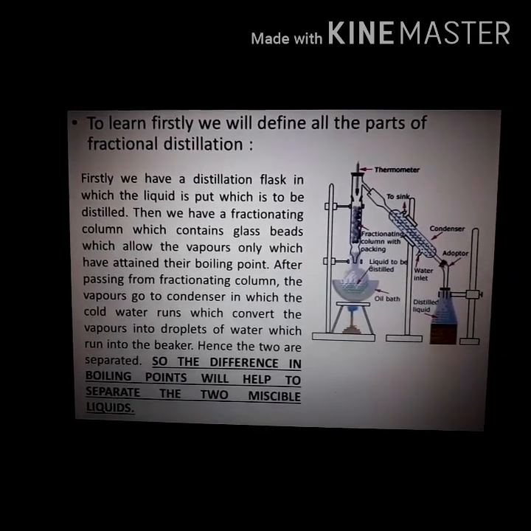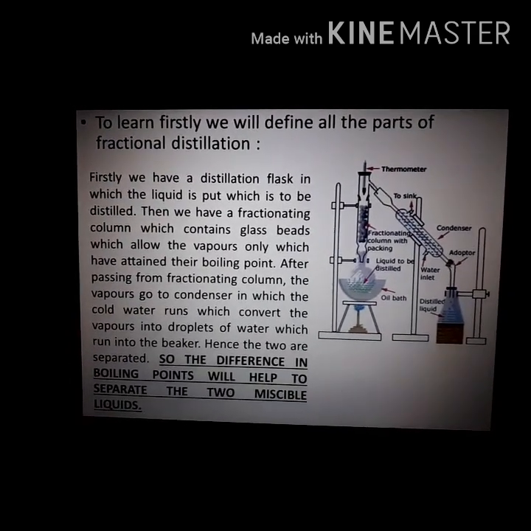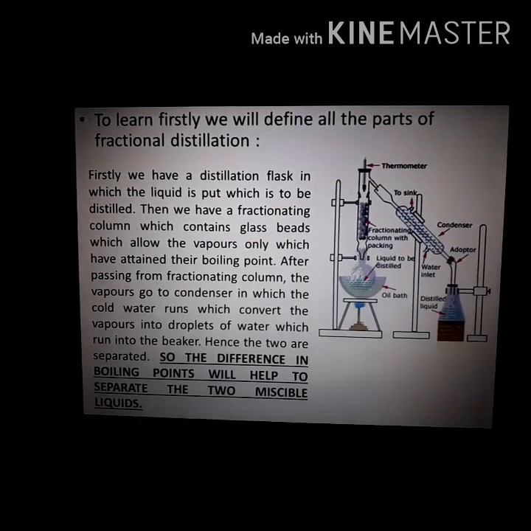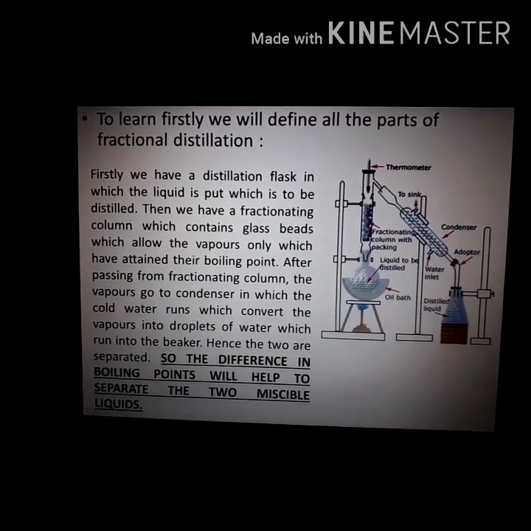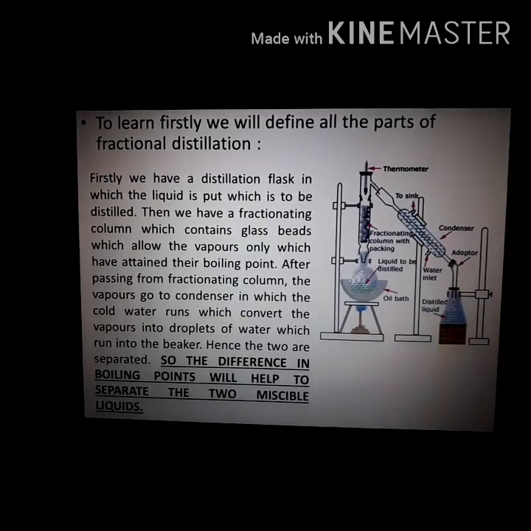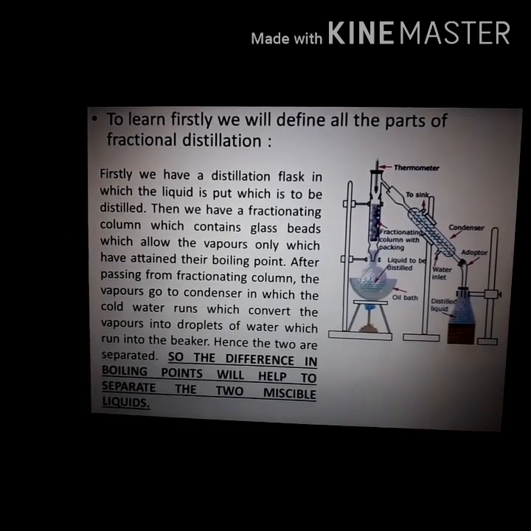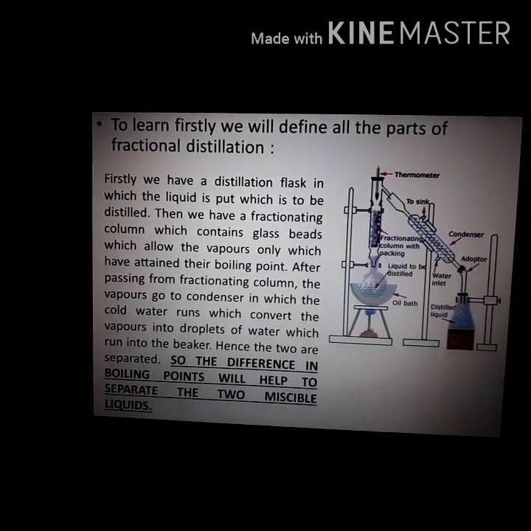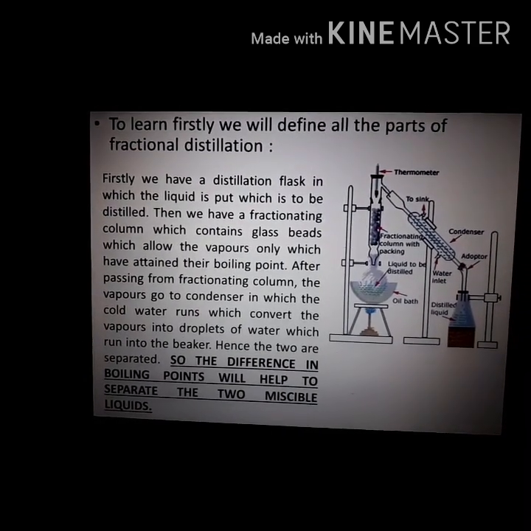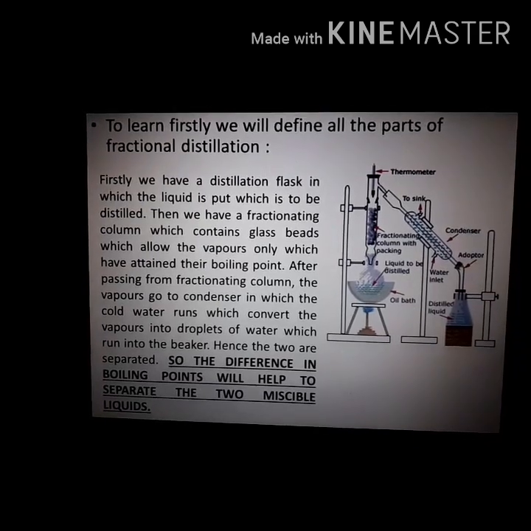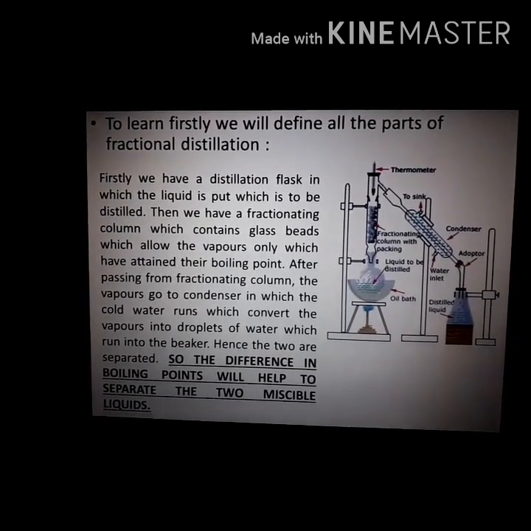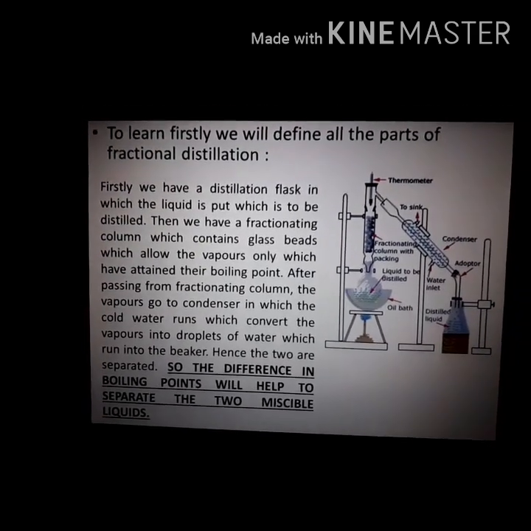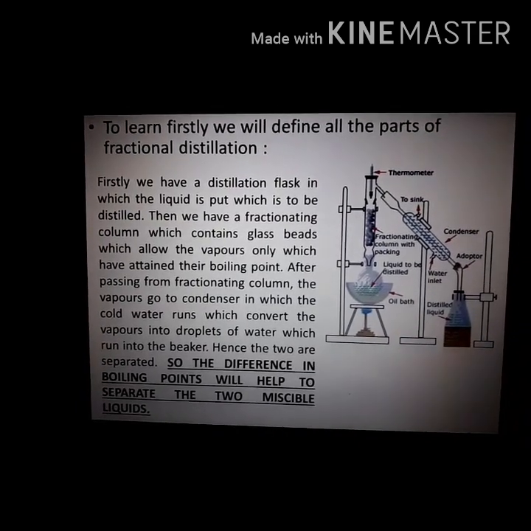Then we have a fractionating column which contains glass beads which allow only the vapors which have attained their boiling point to pass through. After passing through the fractionating column, the vapors go to the condenser tube in which cooled water runs, and it converts the vapors into droplets which run into the required beaker. Hence the two are easily separated.